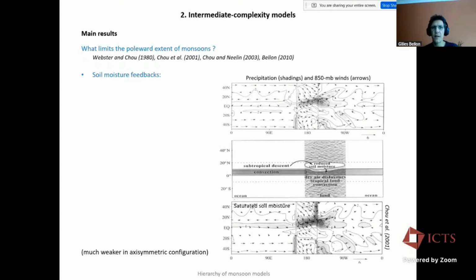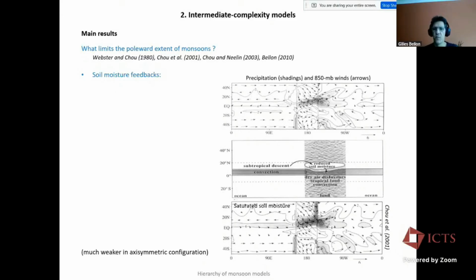And then the third mechanism is the soil moisture feedback, and that's something that Webster and Shaw had already pointed out. If you look at your mean circulation, you still have reduced soil moisture in the subtropics over land and over the ocean. You have a drier boundary layer because of subtropical descent.